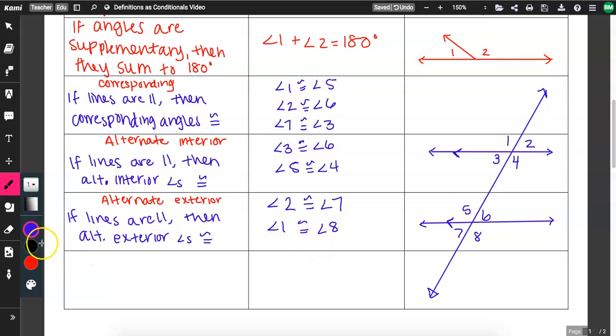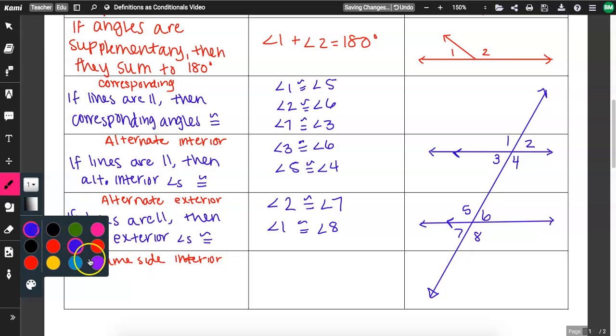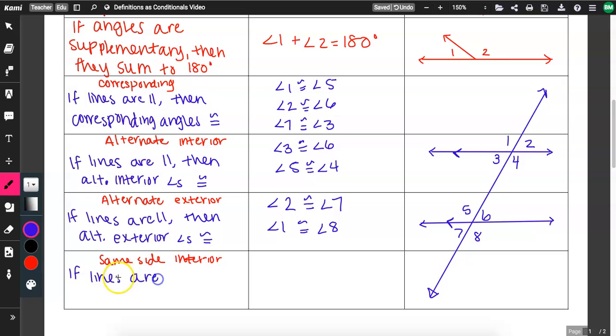And then lastly, we'll do our same side interior. So that says if lines are parallel, then same side interior are supplementary.